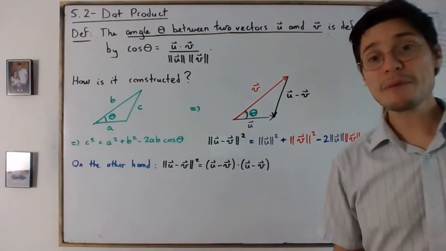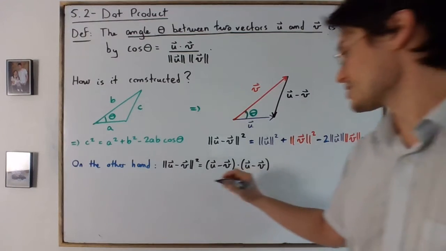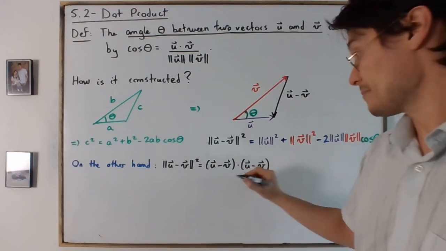And from there we use the properties of the dot product. For example, we can expand.